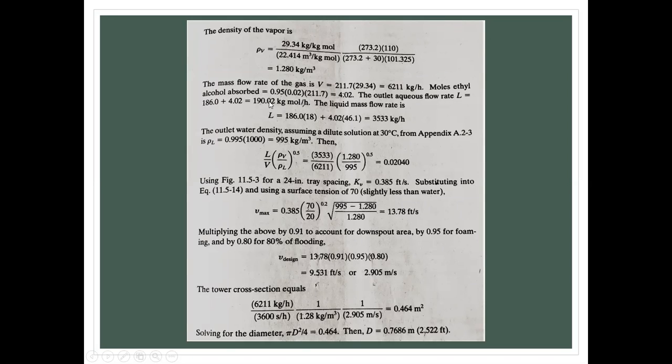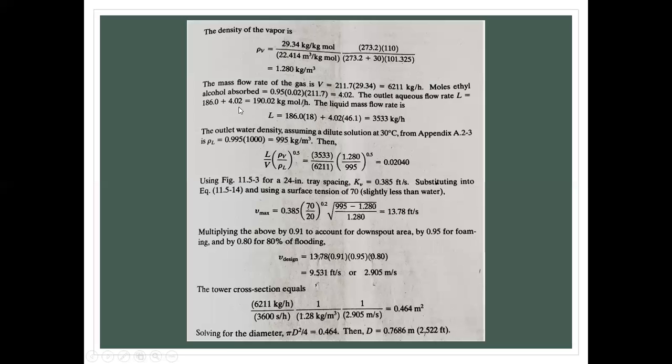So you have a total now of the liquid leaving the column as 190.02 kilomole per hour. Now, since you have converted your gas into mass flow rate, we will do so with the liquid. So your liquid is 186.0. This is for the water. So you multiply it with the molecular weight of water to convert it to mass of water.